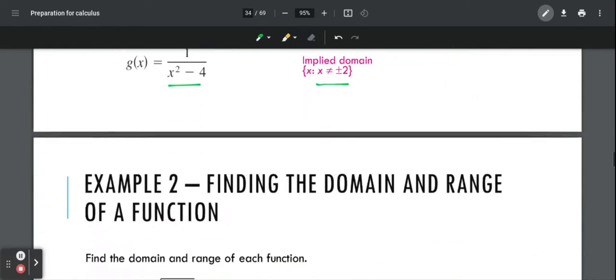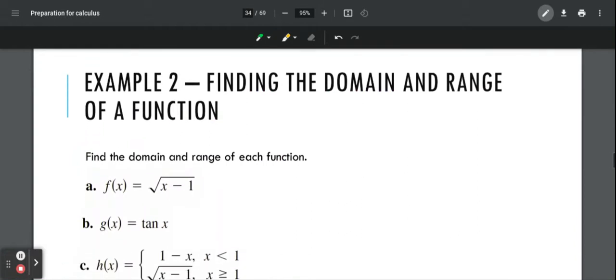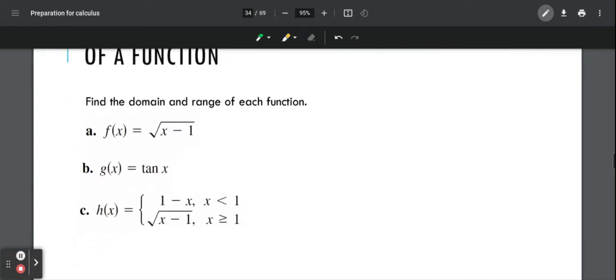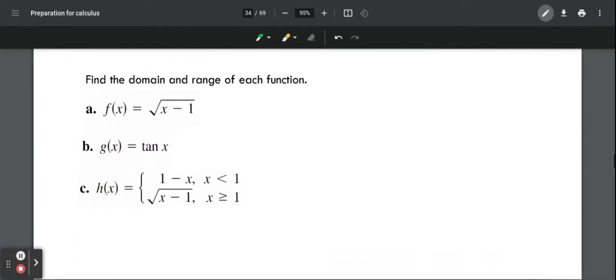In example 2, we're finding the domain and the range of the function. Starting with part a, underneath the square root you have to have a number that's greater than or equal to 0. So x minus 1 has to be greater than or equal to 0, and if we solve that, x has to be greater than or equal to 1.